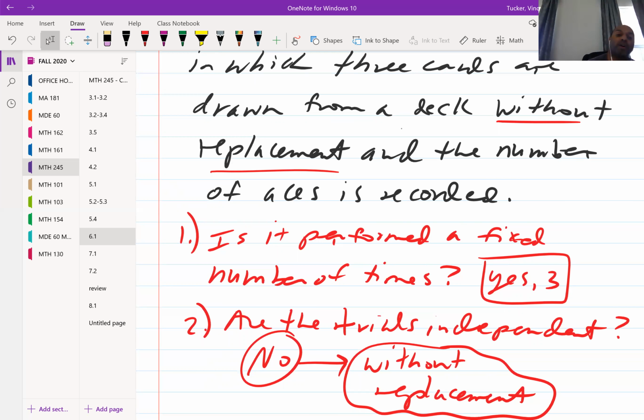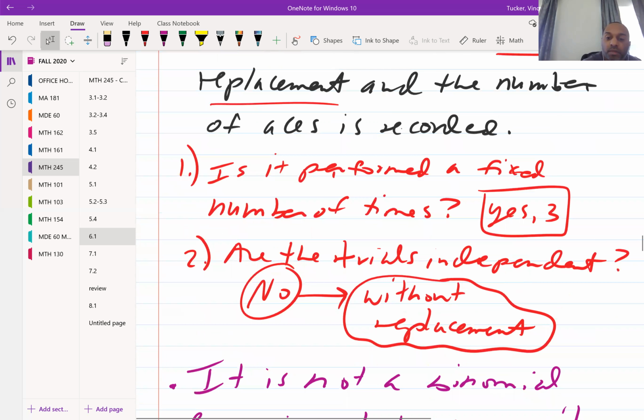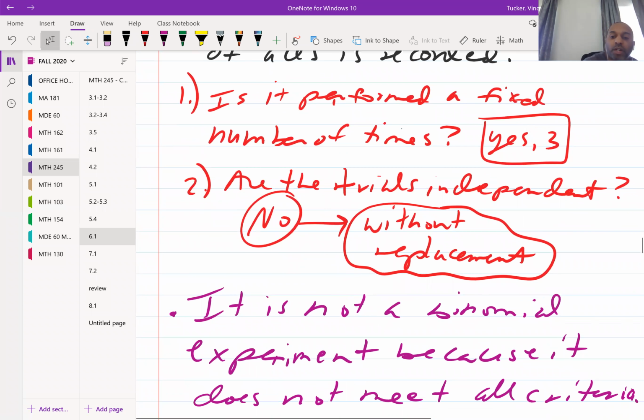So if you have 52 cards, if you pull out 1 card, now what's left is 51 cards. So now you're changing the probability, because the next card you choose will be coming out of 51 cards versus 52 cards. So that means the trials are not independent. And that means it does not fit the binomial experiment criteria.